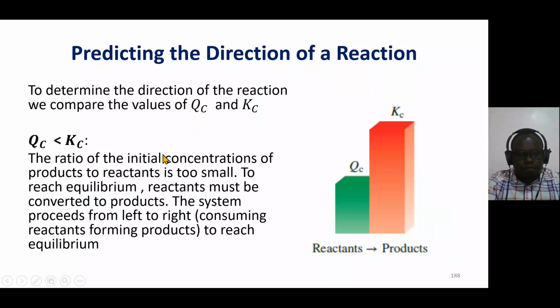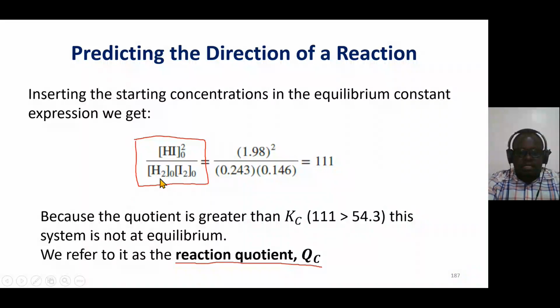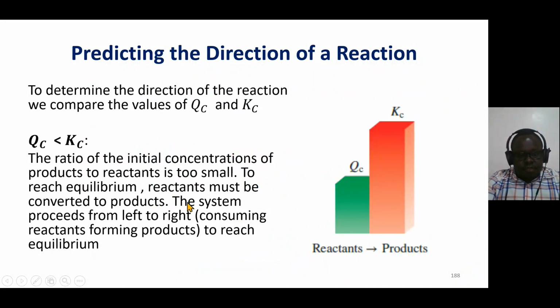So to reach equilibrium, reactants must be converted to products. Reactants in this case are hydrogen and iodine. The system proceeds from left to right, consuming the reactants and forming products so that it can reach equilibrium.